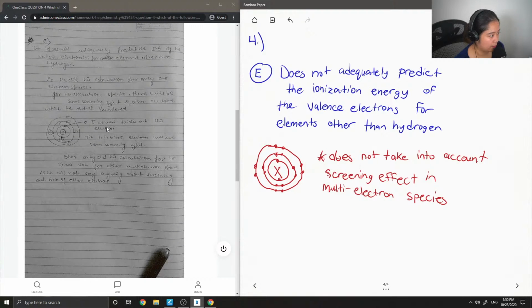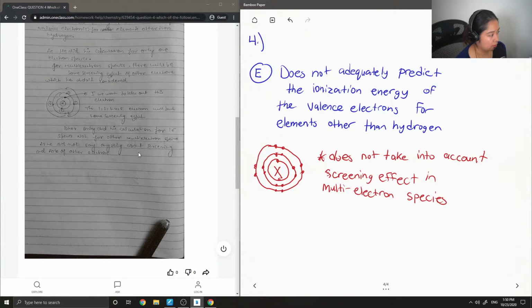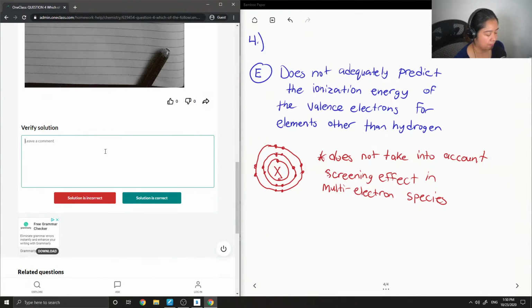Let's say we want to take out this electron, which is on the inside. The 1, 2, 3, 4, 5 electrons will have some screening effect. Bohr only did his calculation for one electron species, not for other multi-electron species, as he did not say anything about screening and the role of other electrons. Okay, so this solution is correct.